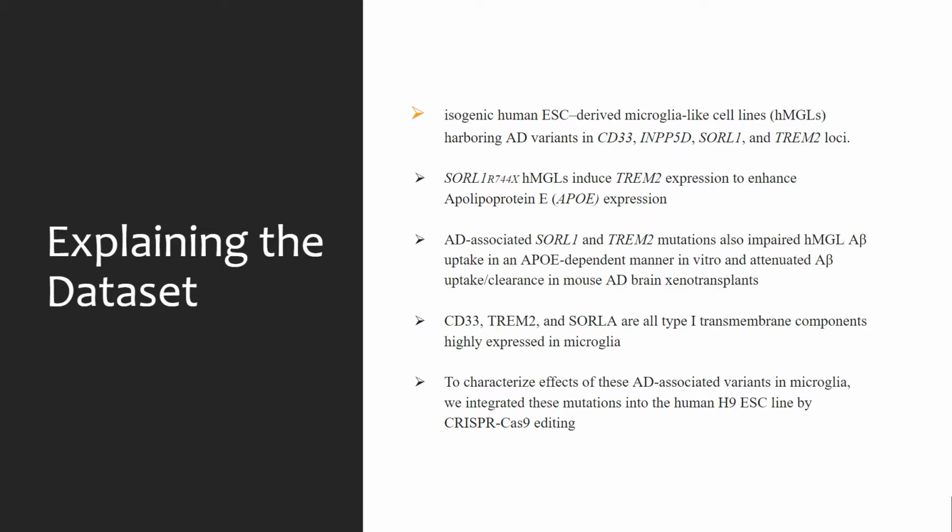The Alzheimer's disorder associated SORL1 and TREM2 mutations also impaired the microglial cell lines' amyloid beta uptake in an APOE dependent manner, in vitro, of course. CD33, TREM2 and SORL1 are all type 1 membrane components highly expressed in the microglial cell lines.